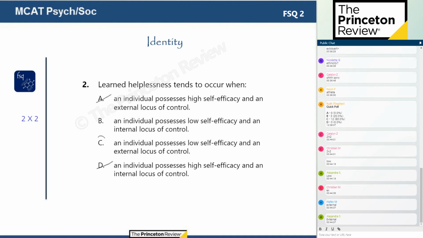About the external locus. So once again, learned helplessness, low self-efficacy, external locus of control. It's the definition.